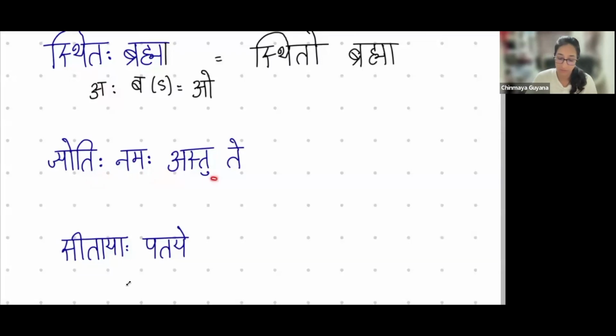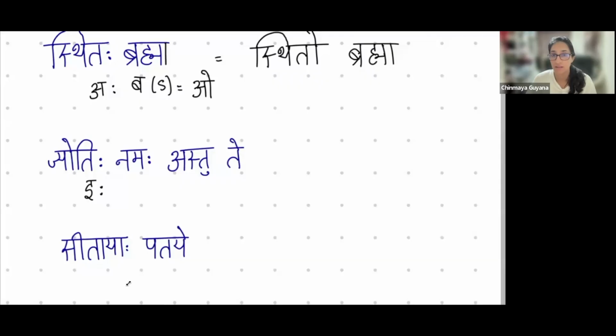We don't use the table here because there's no visarga. What are you going to apply if there's no visarga? So just here and here. So now let us see the first one. Jyotihi namaha. You have what vowel here? E, meeting a n. N is short, soft or hard?